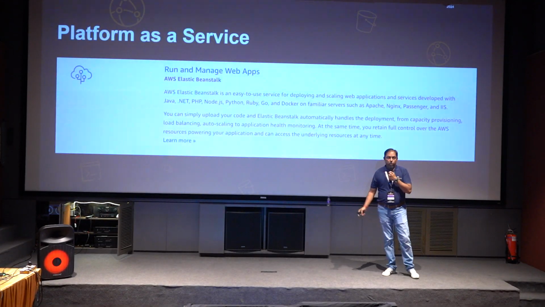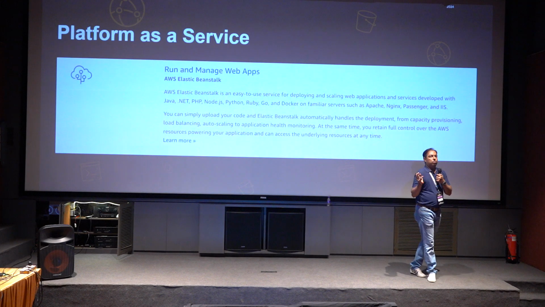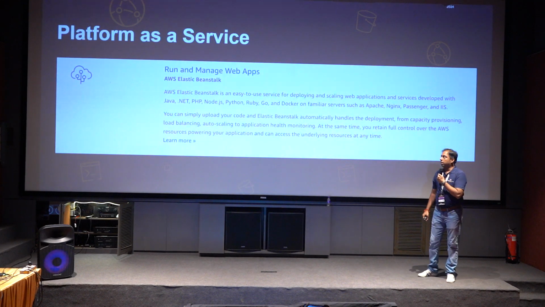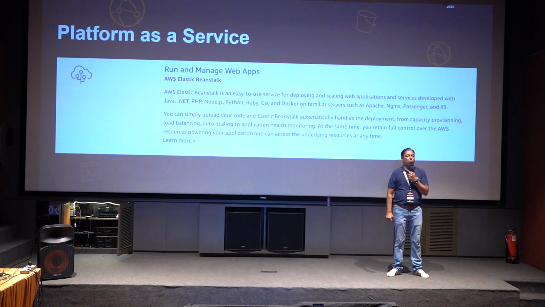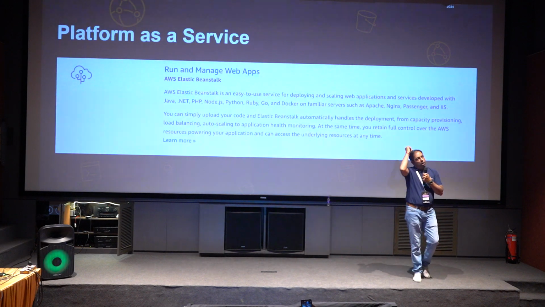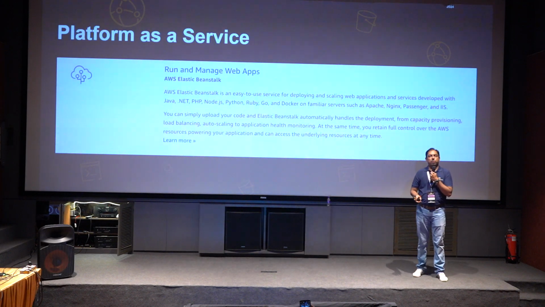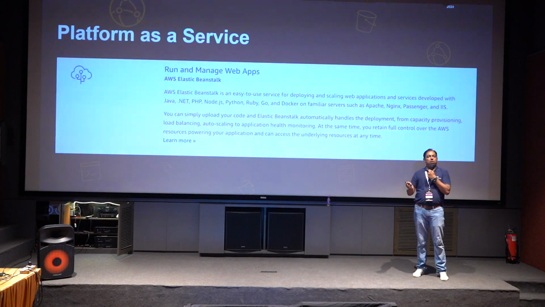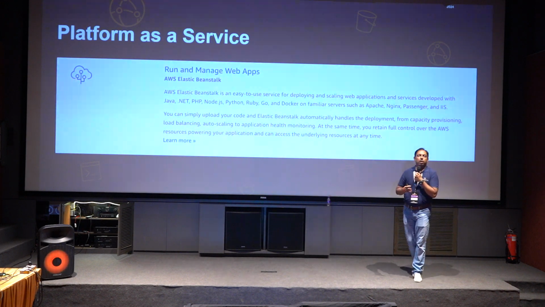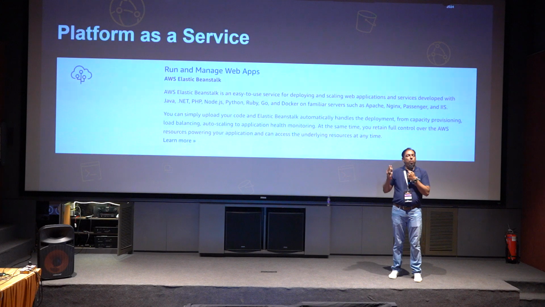The last one, you might have already seen this platform as a service in our earlier session. AWS Elastic Beanstalk is one service where you don't have to worry about deploying your infrastructure. You focus on your development. If you're a developer, you write your code and create an executable of it, like a jar file or a war file if it is Java.